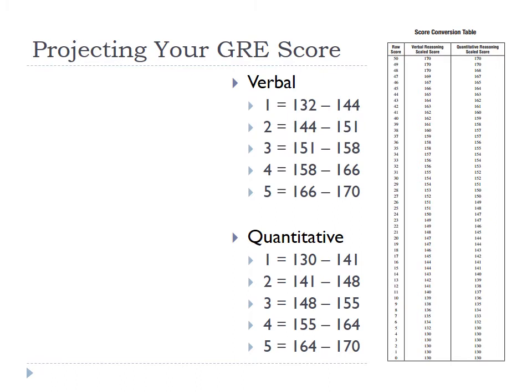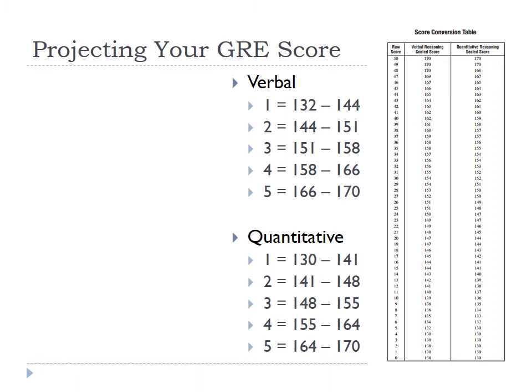The way I figured this out, by the way, if you're interested: there's a paper and pencil version of the GRE. It has 50 verbal reasoning questions and 50 quantitative reasoning questions. If you take that version, you can use this table to convert the number of correct answers to projected GRE scores.